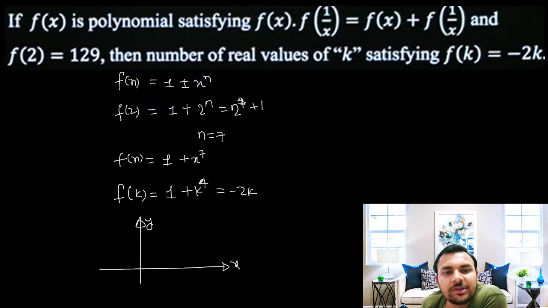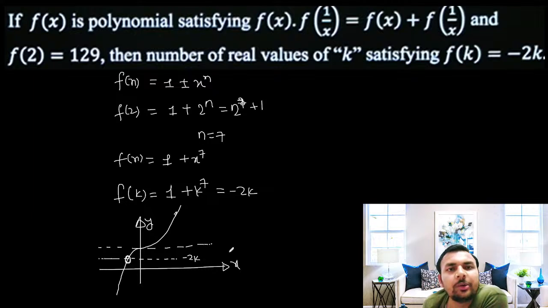The graph of 1 plus k to the power 7 will go like this, an odd power graph, increasing, and minus 2k goes like this. It will intersect at only a single point. So the number of solutions is 1. Number of solutions, 1.